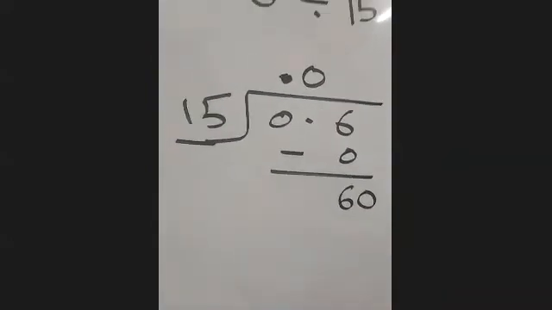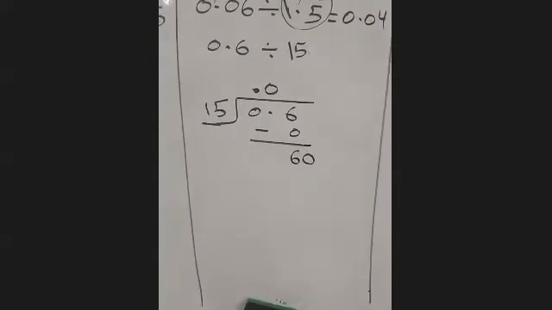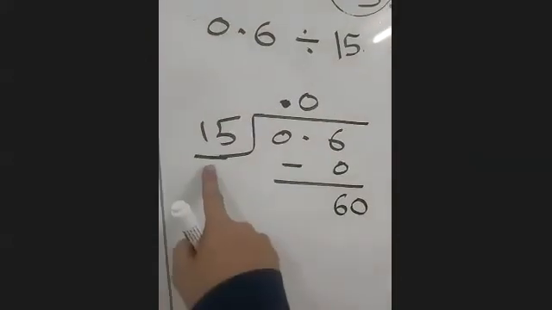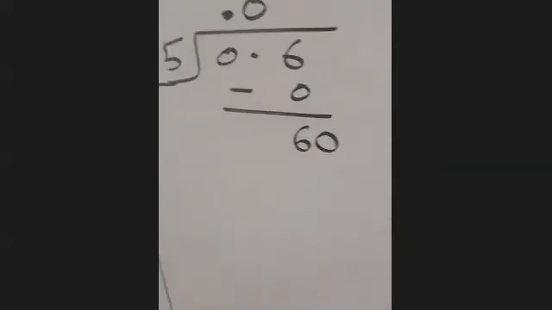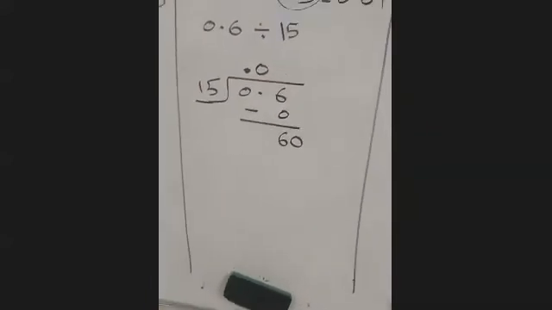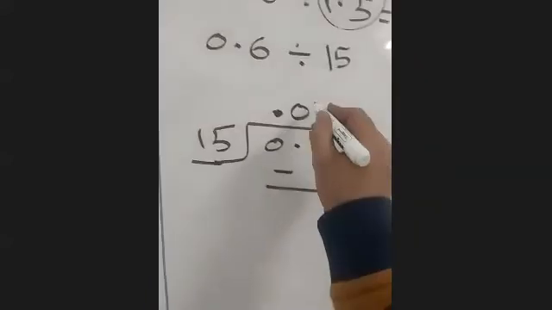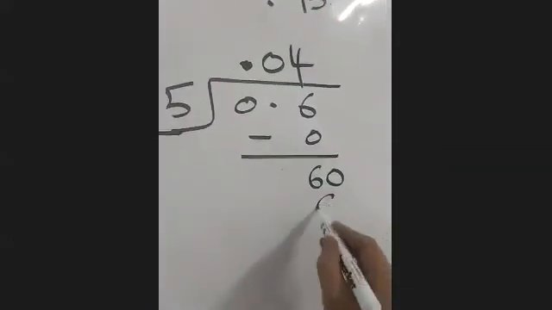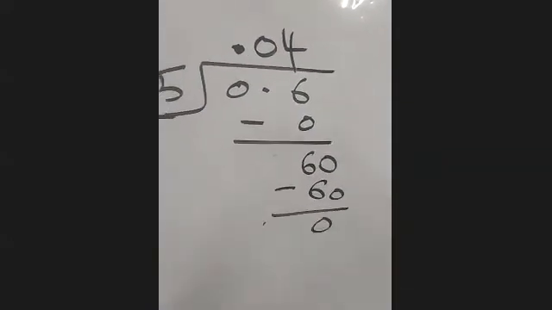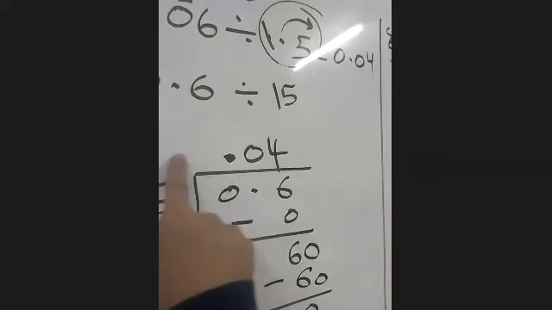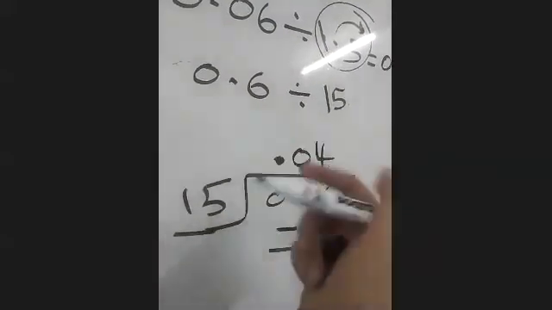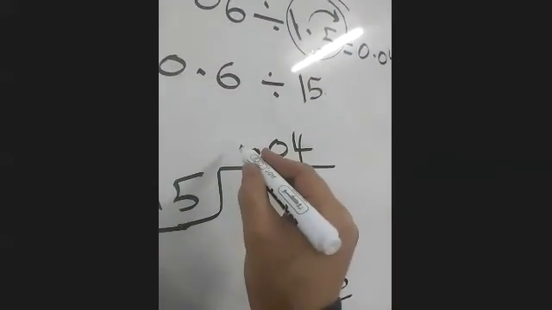Yesterday we said that. Now 60 divided by 15, you need to guess numbers. It will be 4. 4 by 15, 60. Subtract, 0. Here we have an empty place now. Do we leave it empty? No, we put 0.